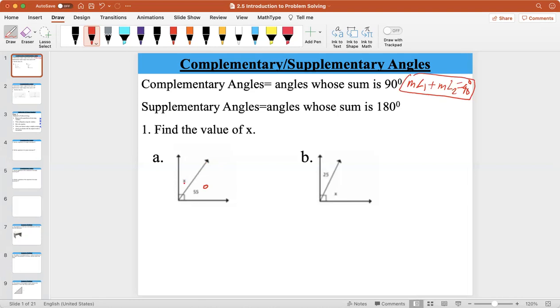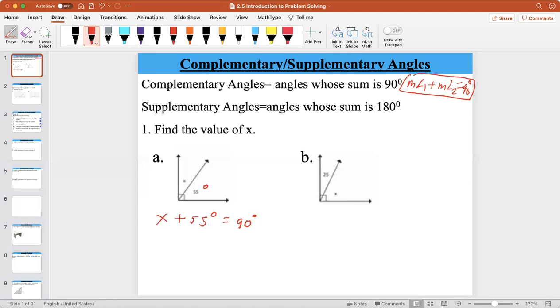So we can form an equation there: x plus 55 degrees equals 90 degrees. All right. So what's our x? We're looking for x.